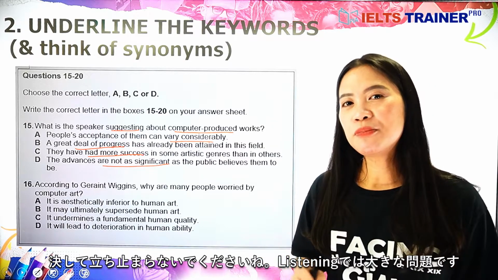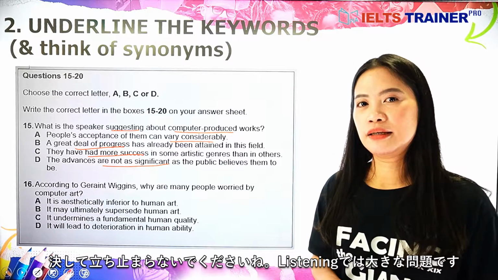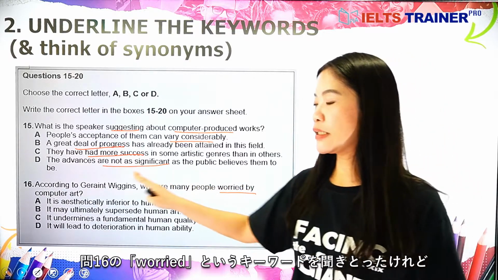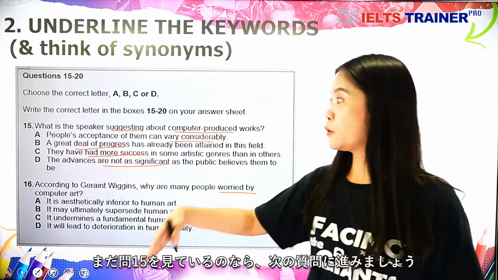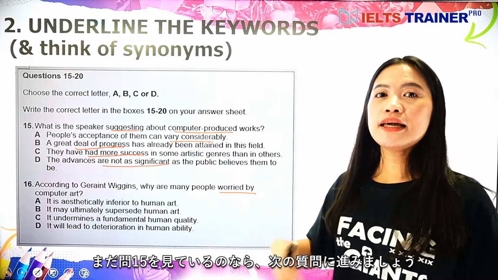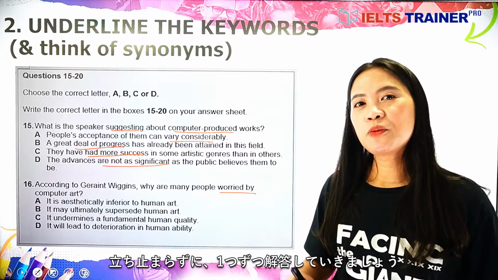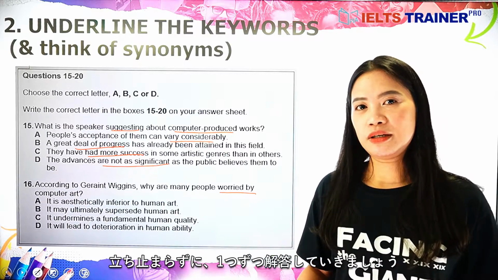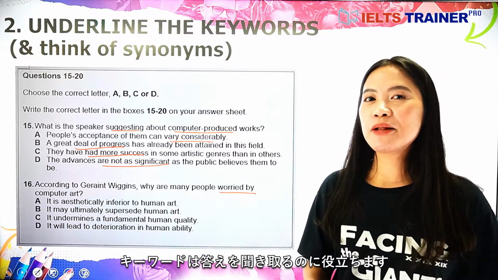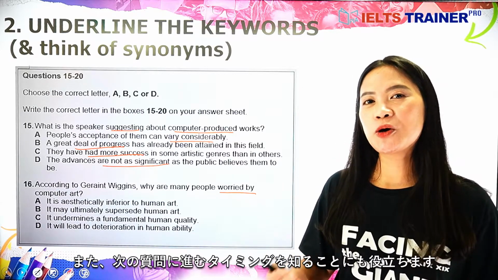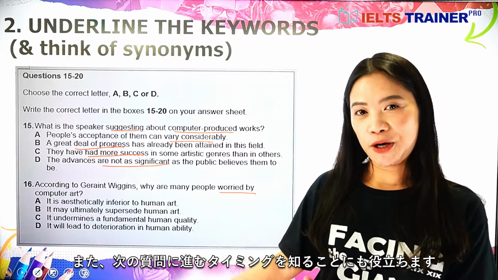That could be a big problem with listening. If you hear the keyword worried in number 16, but you're still looking at number 15, it's time to move on. Stop waiting and waiting for 1 answer. So keywords help you hear the answers. Also, they show you when to move on.